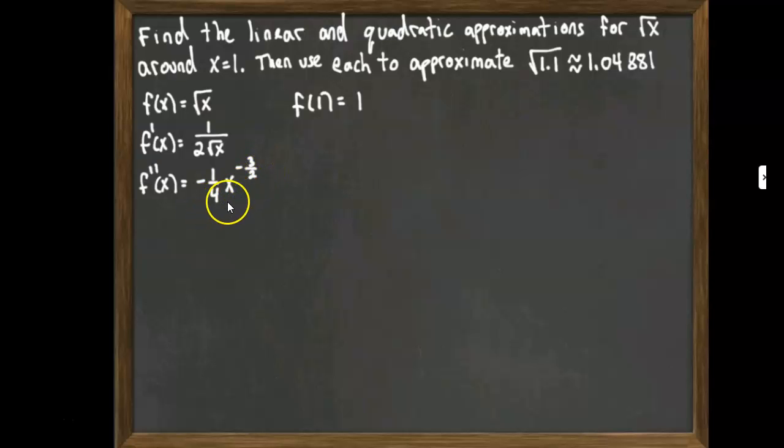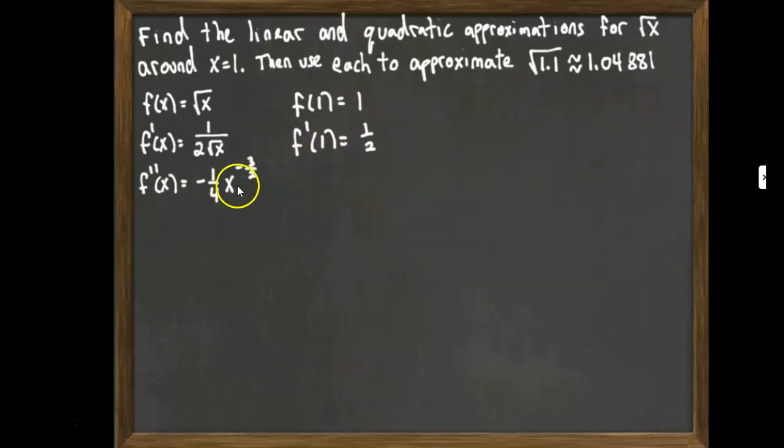Now at this point I stopped. I didn't go ahead and rewrite that, bring the 3/2 down, because now what I want to do is evaluate each one of these things at my pivot point, at my center point for this approximation. So f of 1, of course, would be square root of 1, which is just 1. f prime of 1 would just be 1 over 2 square root of 1, which would be just 1/2.